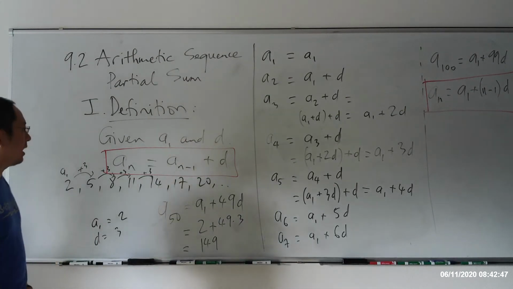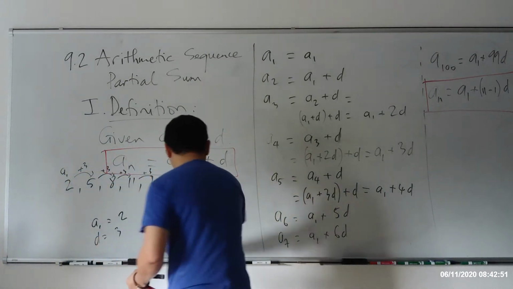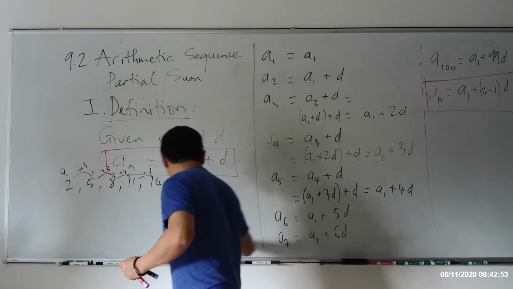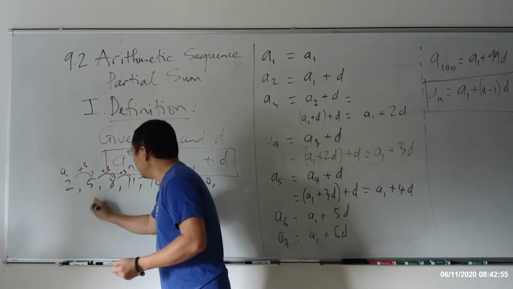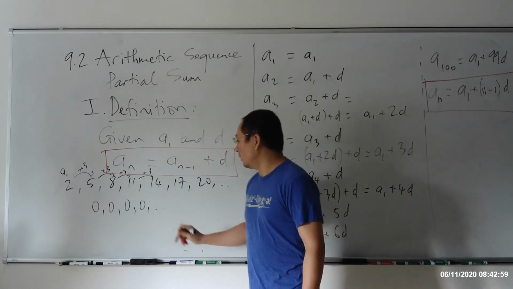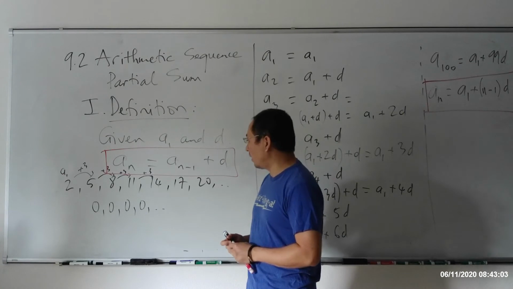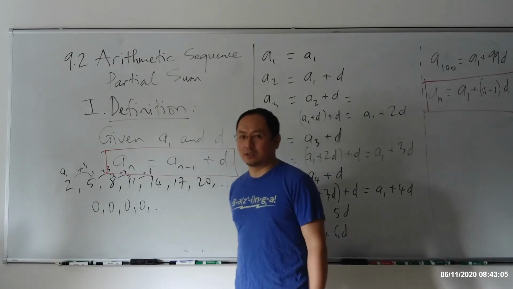Okay, and I claim that except for the zero sequence, 0, 0, 0, 0, forever, which is an arithmetic sequence, will have a convergent series. You add all the zeros, you have 0.